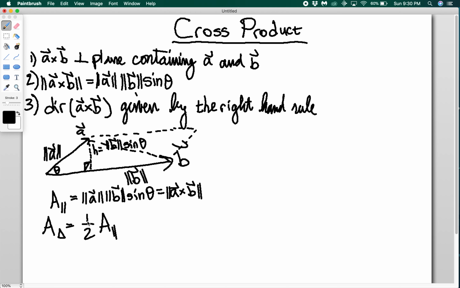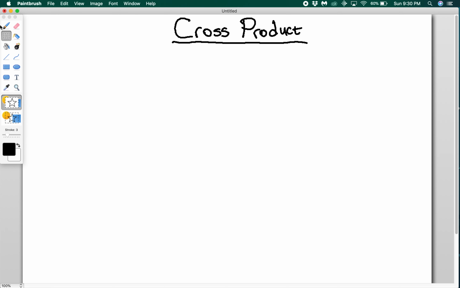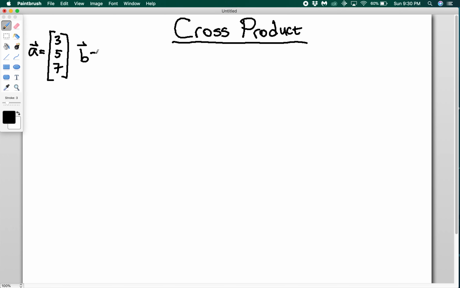So how do you actually compute cross products? Let's look at an example. If I want to compute the cross product of two vectors, let's say my first vector is A, equal to 3, 5, 7. And my second vector is B, equal to 11, 2, 13.